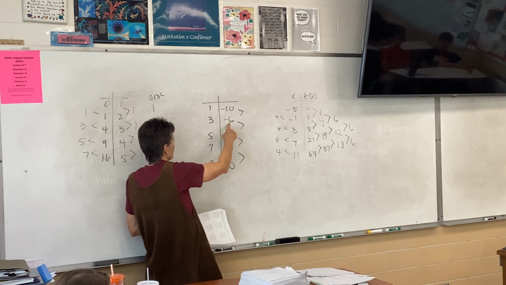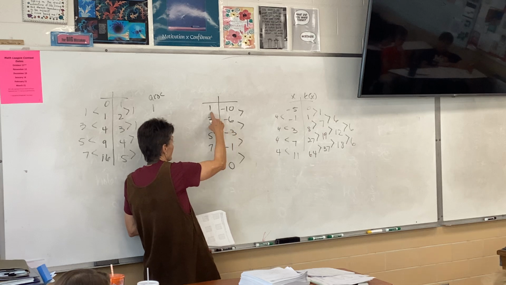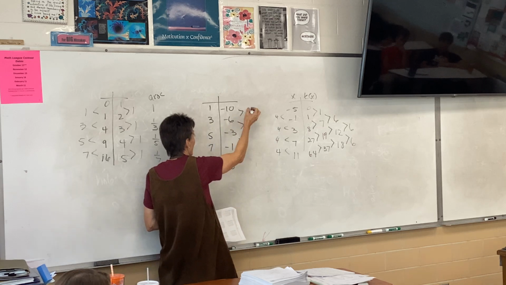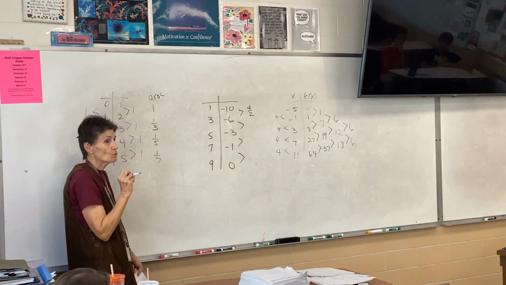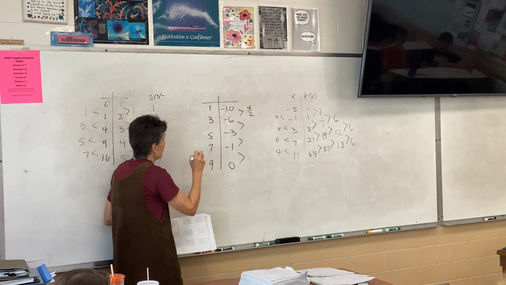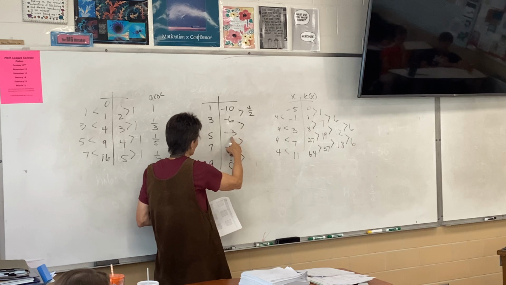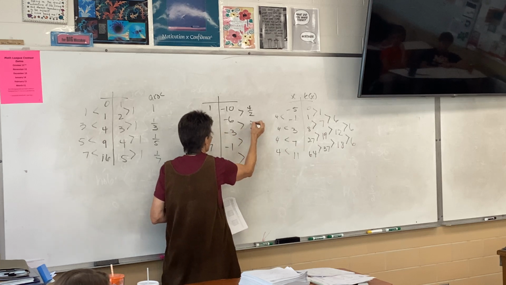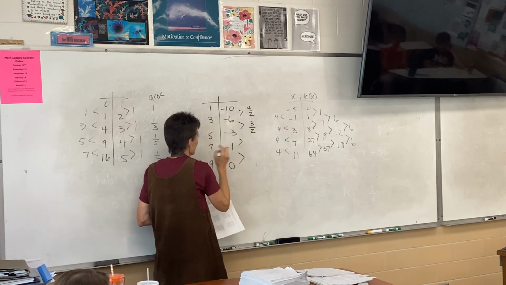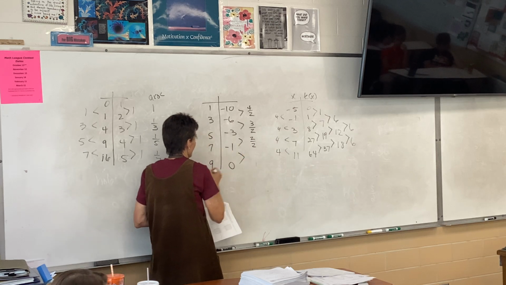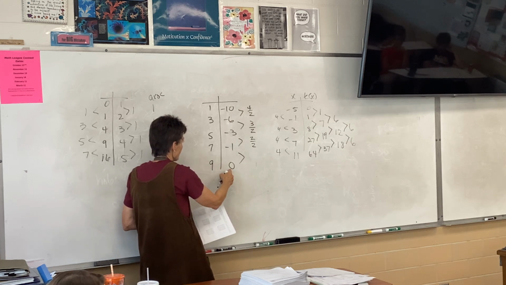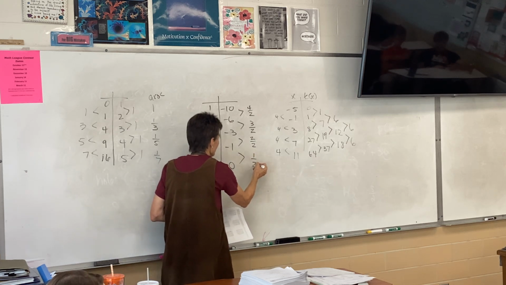This would be 4/2, so that would be the average rate of change for those 2 points. These two would be 3/2. This would be 2/2. And this would be 1/2.